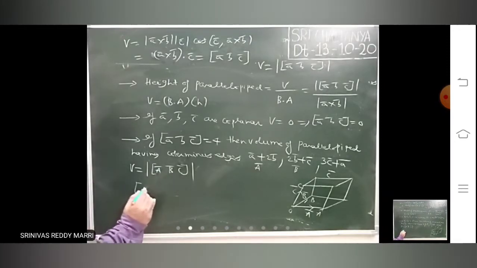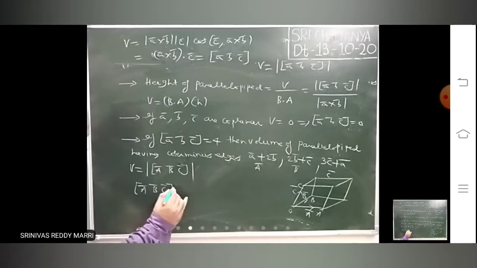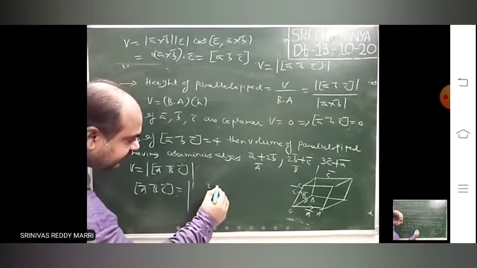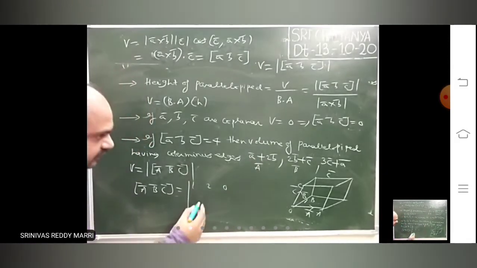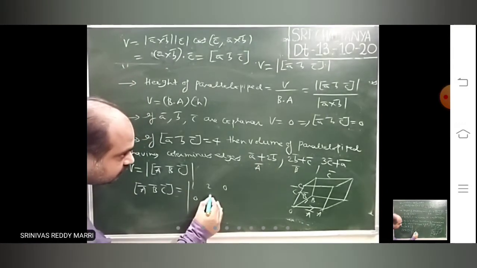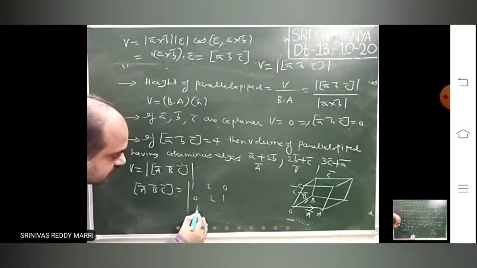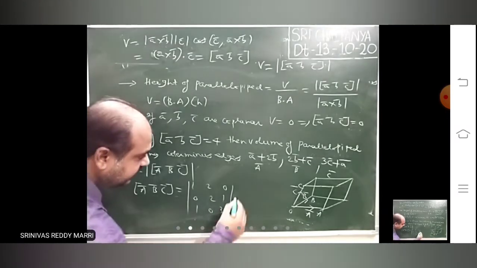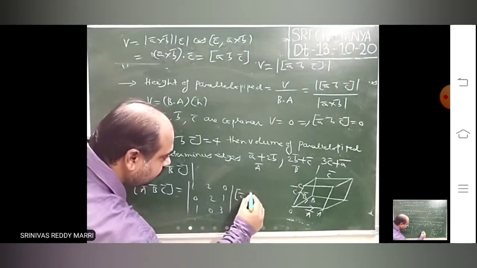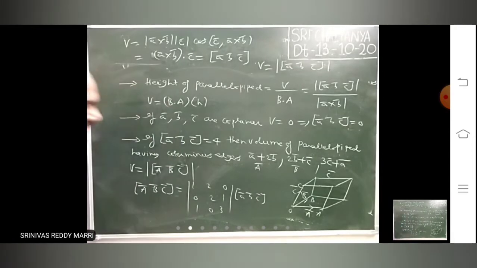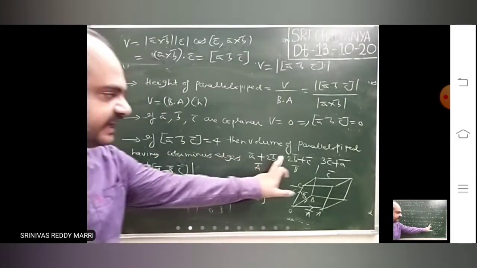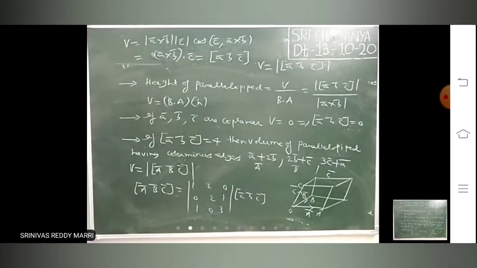Now I am calculating first this. So therefore, as I told you yesterday, the formula: 1, 2, 0, 0, 2, 1, 1, 0, 3, into box of A bar, B bar, C bar. If ijk is there, no need to write it, but here you have to write this.